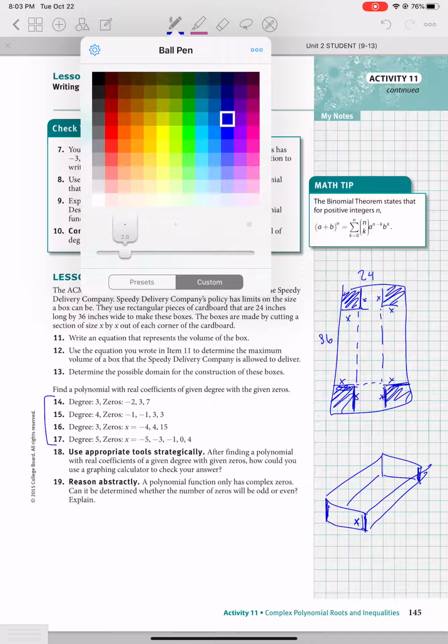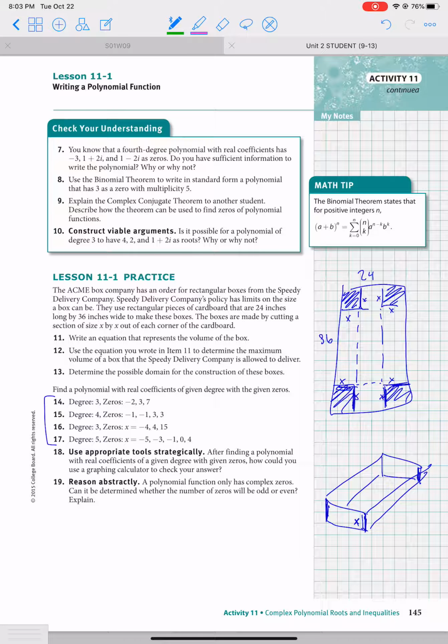So I'm going to change my color so you can see this a little bit easier. This piece right here and right here is right here in the folded box. So that was 24. This whole thing was 24. We have these two x's that we took away. So that's 24 minus 2x.